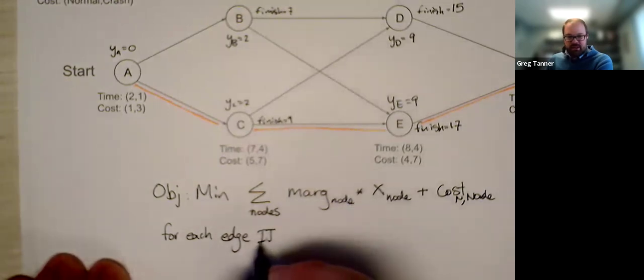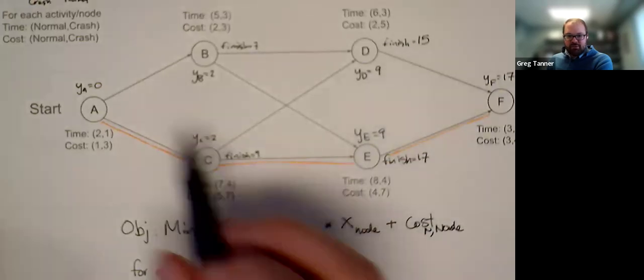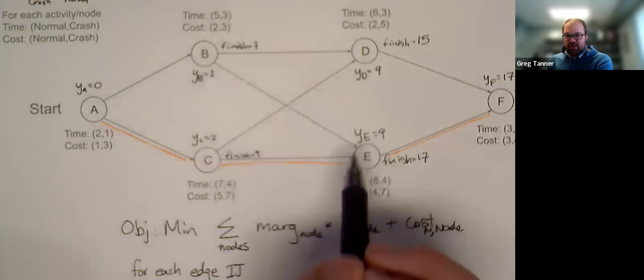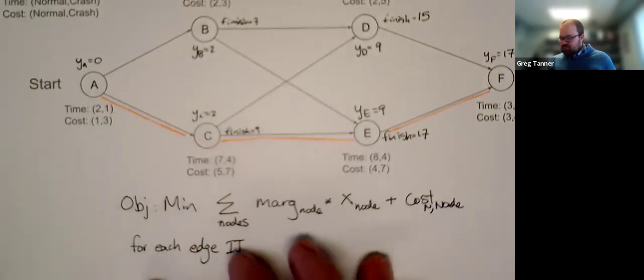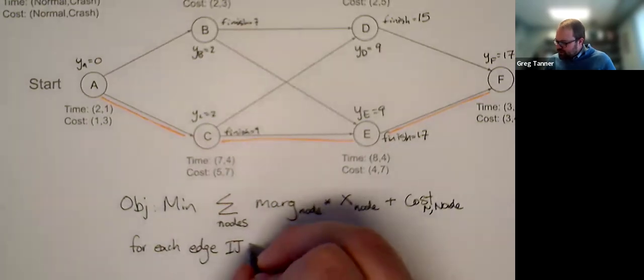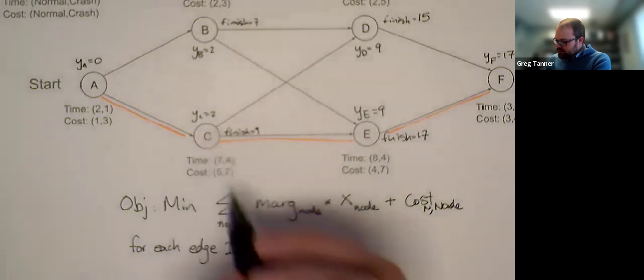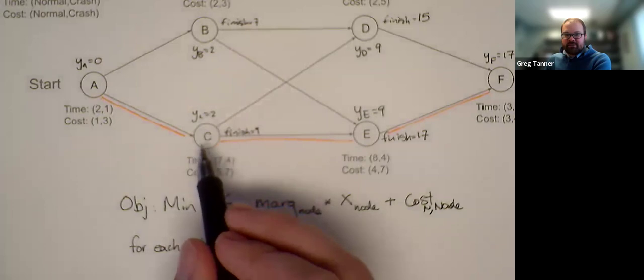This connects node i to node j. Of course, I don't actually have i and j here, but i represents one of these start nodes, and j represents the end node for that activity. For each edge ij, i is the predecessor activity.